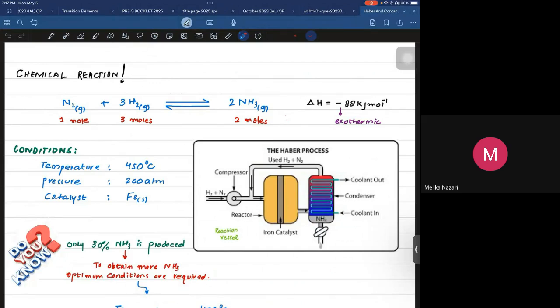When you provide such conditions to nitrogen and hydrogen, we can see the formation of ammonia. If you do not provide these conditions, you will not form ammonia gas. And this reaction is exothermic, remember. That's why this much energy is released, minus 88. Negative means that this is an exothermic system. Energy is released basically.